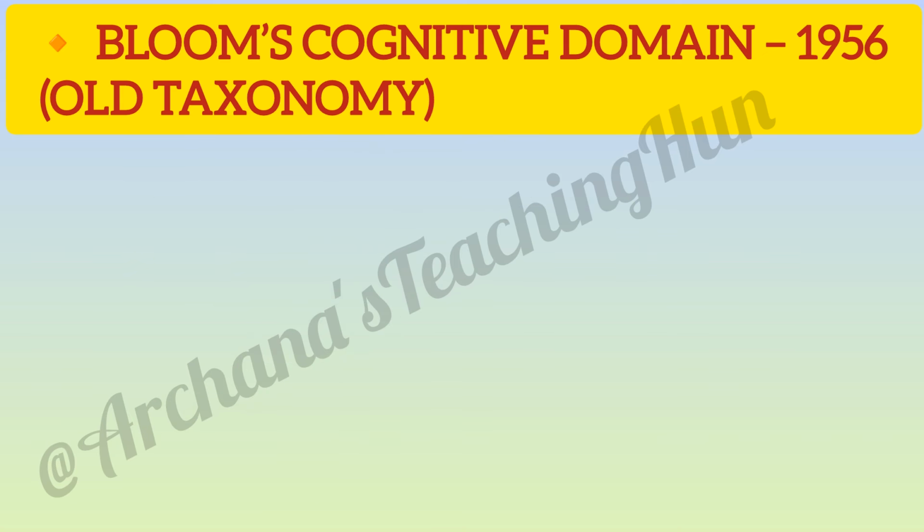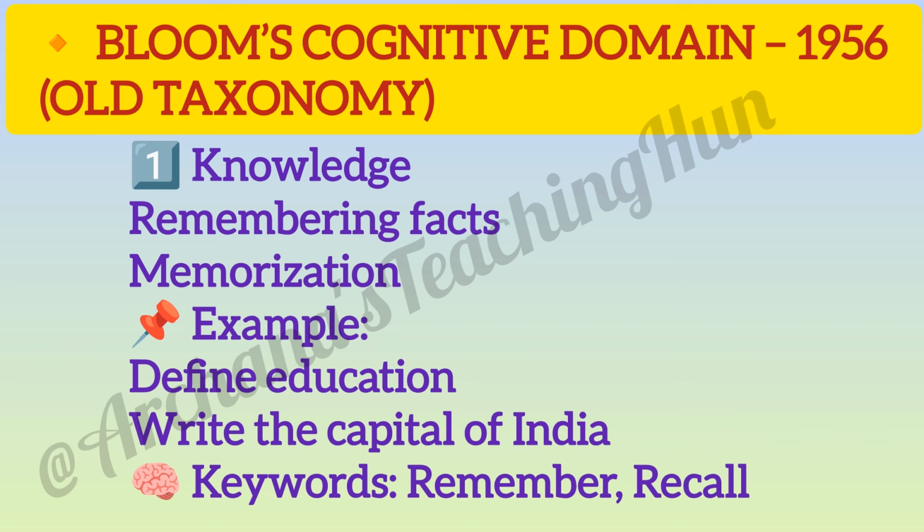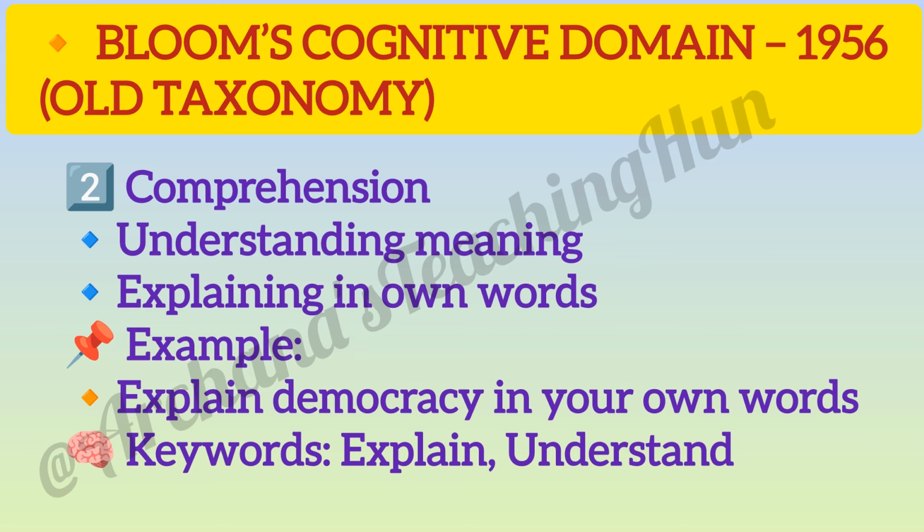Now explanation of all these levels. First, knowledge. Knowledge means remembering facts, memorization. For example, define education. Write the capital of India. Keywords of this: remember and recall. Now comprehension.